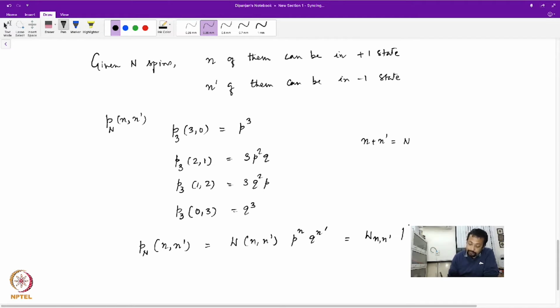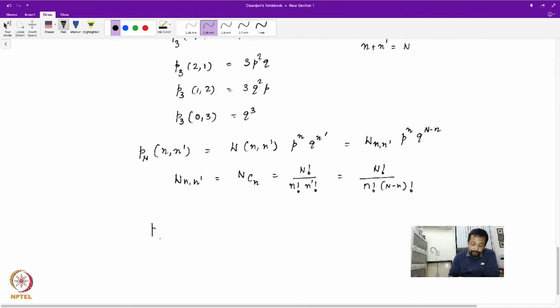Write it this way: p to the power n q to the power N minus n, where W(n, n prime), you already have an idea, is N choose n, which is N factorial over small n factorial small n prime factorial, which we can simply write as N factorial over small n factorial times N minus small n factorial.